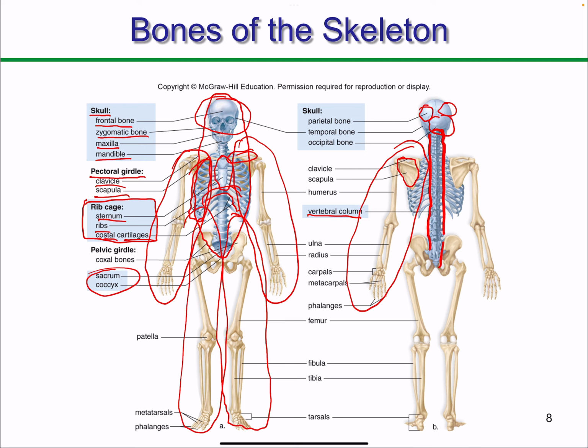Then the upper limbs, you're going to have the humerus right here, and then you're going to have the ulna right here and the radius, okay? The ulna and the radius. Then you have the hand. In the hand, you're going to have the carpals, the metacarpals that is in the middle, and the phalanges, right?